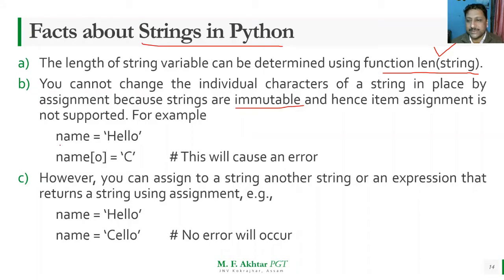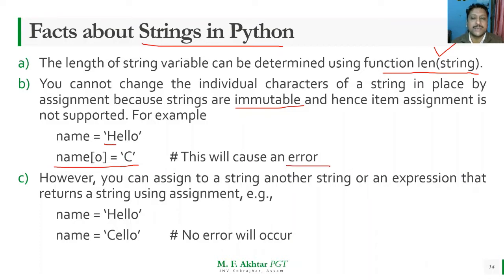See the example here: name equals to 'hello' we have put. After defining a literal string, next time if we want to make any change, suppose we have written like this, name[0] equals to 'C', then we are trying to change the first letter H to C, but it is not possible.